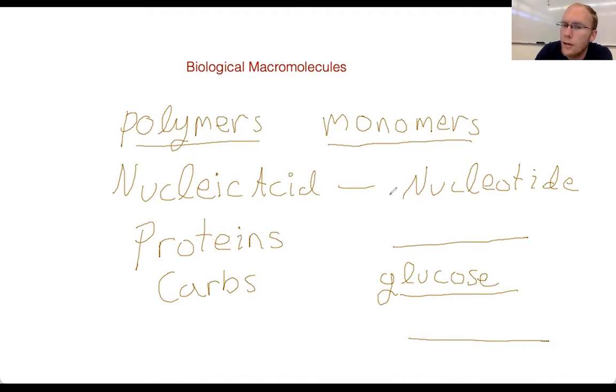Just like nucleotides could refer to something making DNA or RNA, and amino acids could be making any proteins in any living thing, glucose is just a specific one that humans use, but in general, we want to use the word saccharide, which is the Greek word for sweet or sugar. So glucose or sugars.